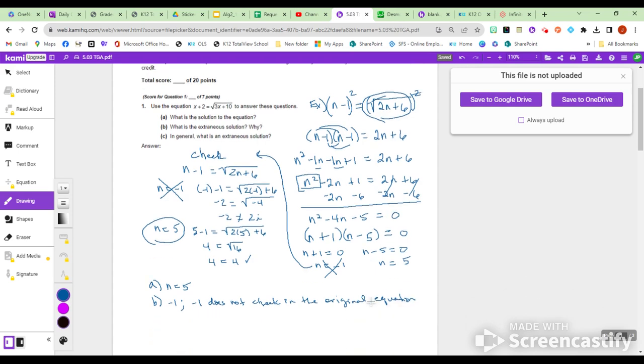And then C says, in general, what is an extraneous solution? So an extraneous solution is solving an equation and having a solution not check in the original problem.